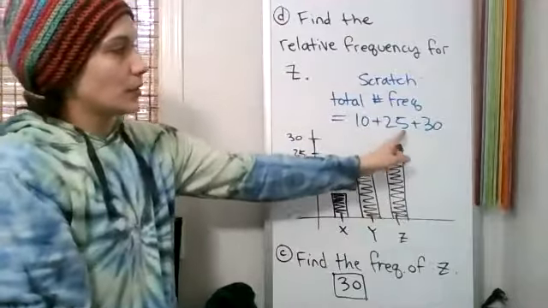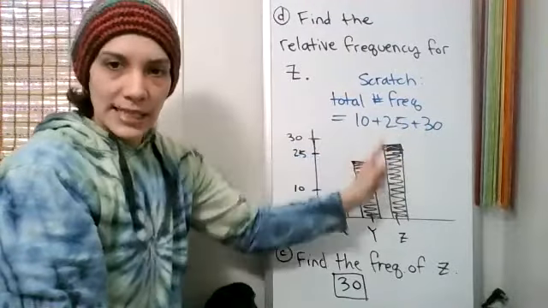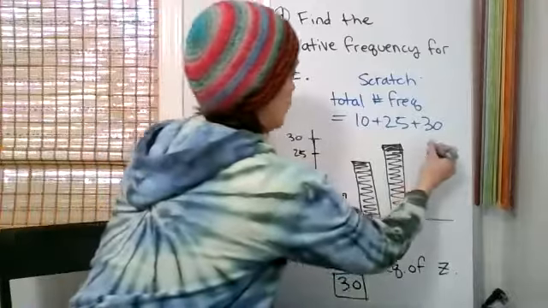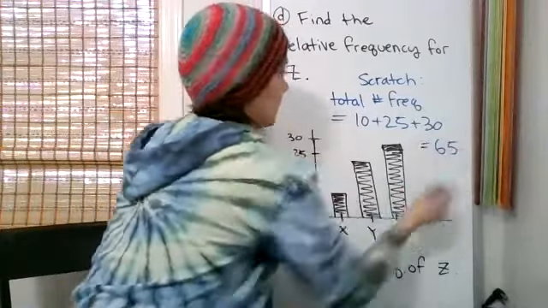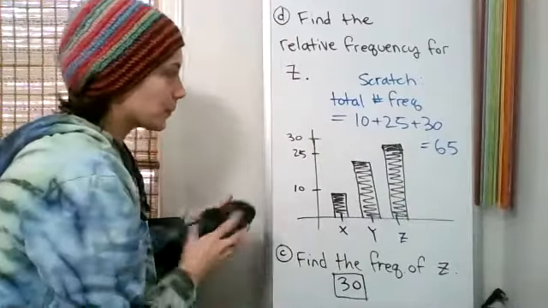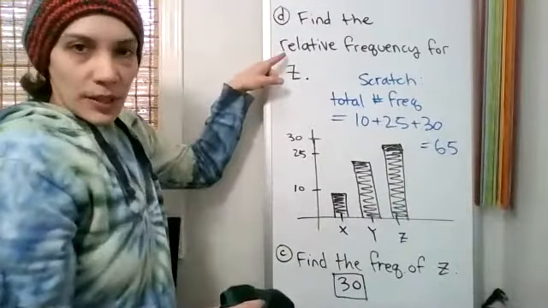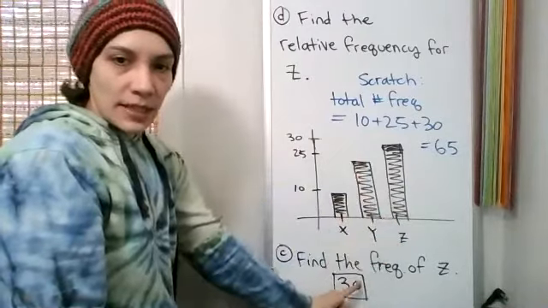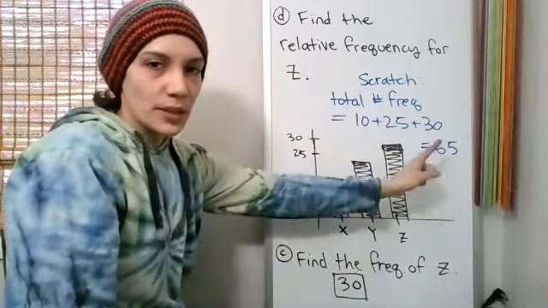Okay, 35 plus 30, we're at 65. Let me know if you see any mistakes. Relative frequency is to take the frequency for Z, 30, divide by that total, 65.